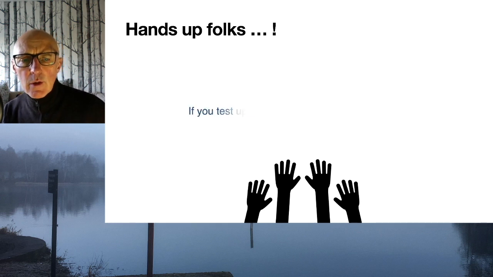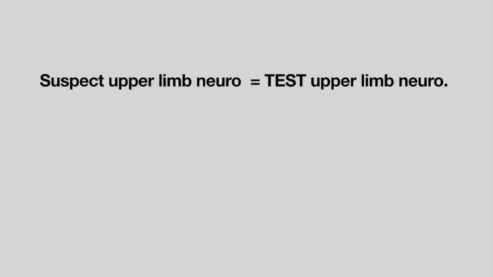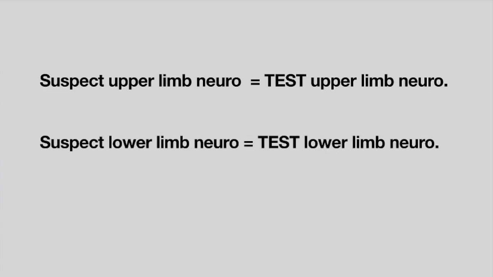So a quick question for you all. If there was somebody with some peripheral symptoms in the arm or in the lower limb, would you test the neurological system as part of your examination? I think most of you will probably have a hand up at this point, which is kind of interesting, because we know from chatting to people on courses over a long period of time that people will test upper limb neuro, they will test lower limb neuro.